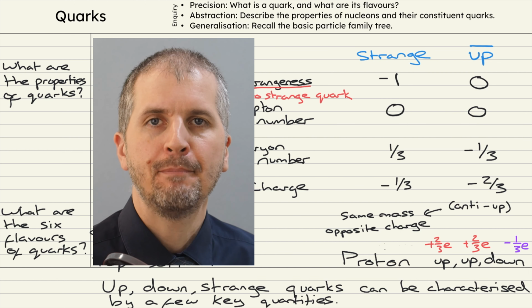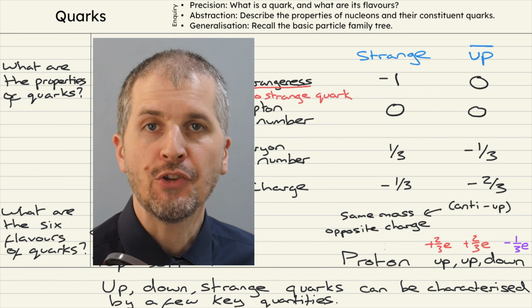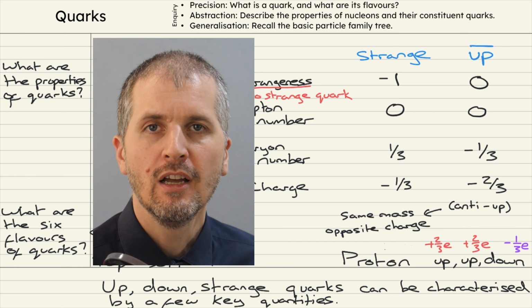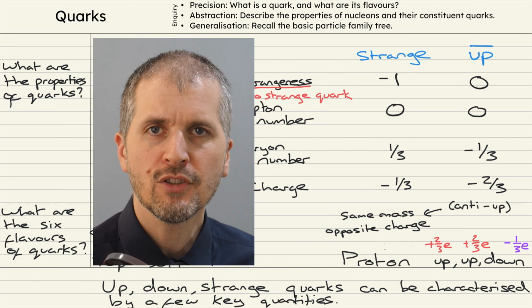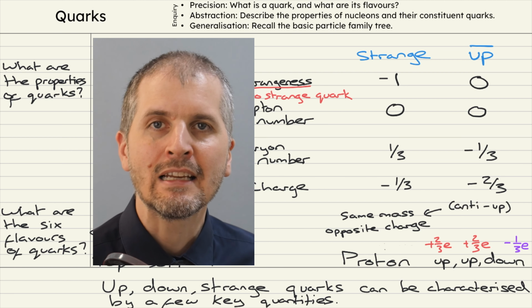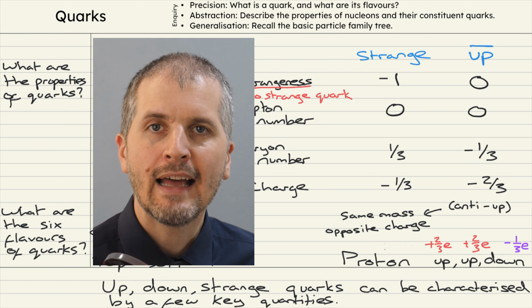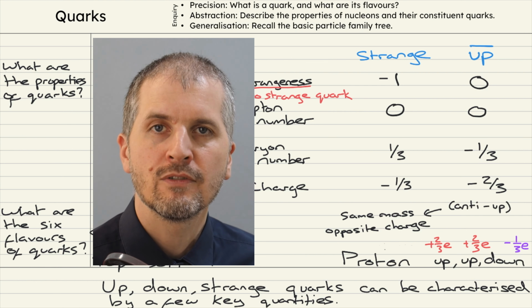We're going to look at beta radiation. We know that in beta radiation a neutron is going to change into a proton, but now we know what's inside the neutron and what's inside the proton, which means we can get closer to the truth about what's actually happening with these particles and understanding exactly what fundamental particles really are.